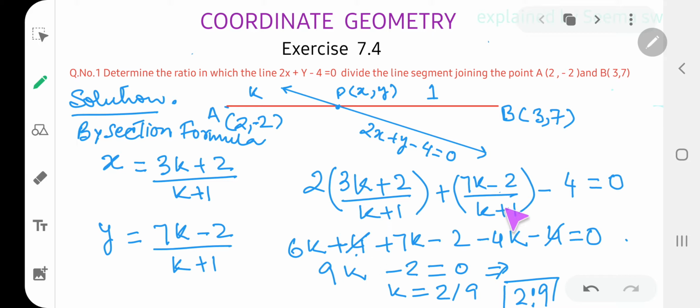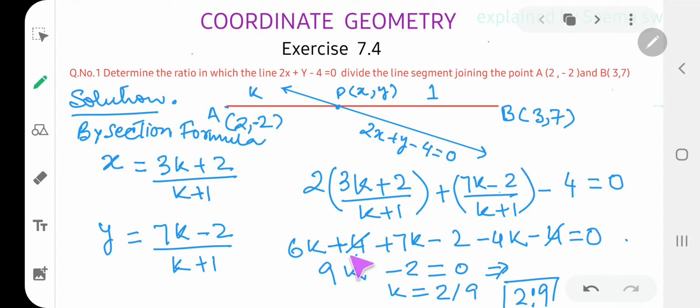Similarly, when I multiply k plus 1 with this one, the k plus 1 and k plus 1 will get cancelled, and we will have 7k minus 2. Now this is the third term, and I have to multiply it by k plus 1, and when I open the bracket it will become minus 4k minus 4 equal to 0.